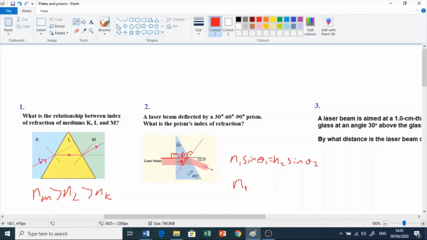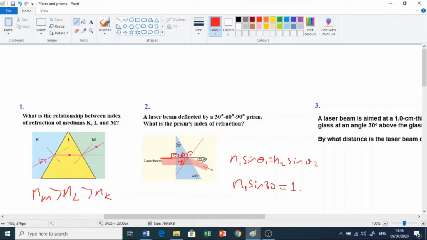We don't know if it is glass or not, sorry. We are just going to find the index of refraction of the prism. n1 times sine 30, because the angle of incidence is 30 degrees. And what is the angle of refraction? By the way, it is moving to the air, that's why n2 is 1, the index of refraction of air. And let's look at the angle of refraction.